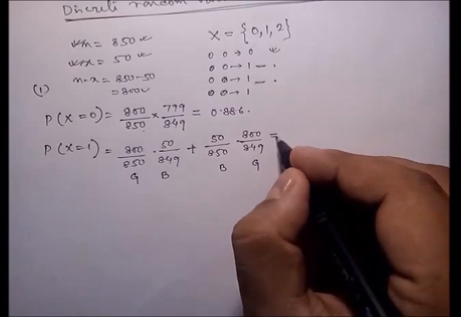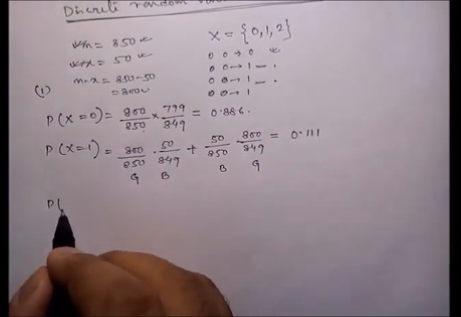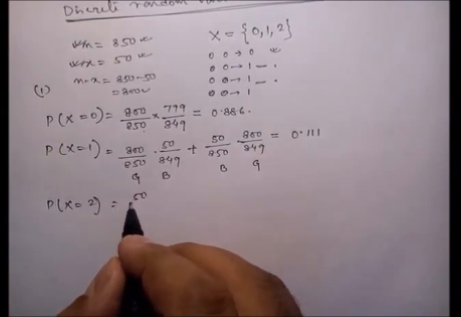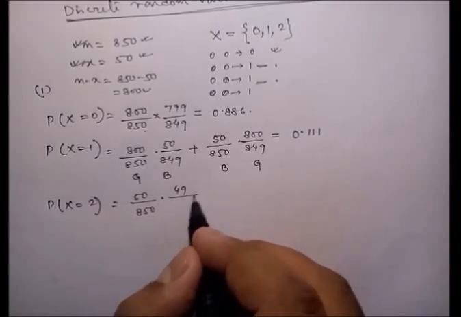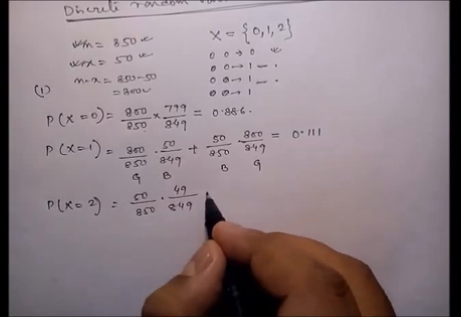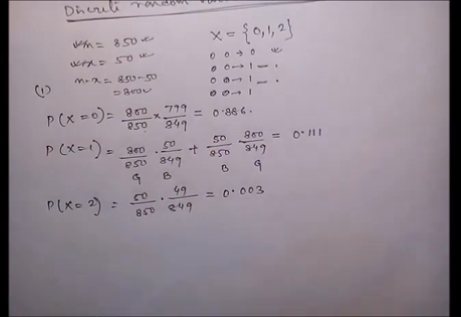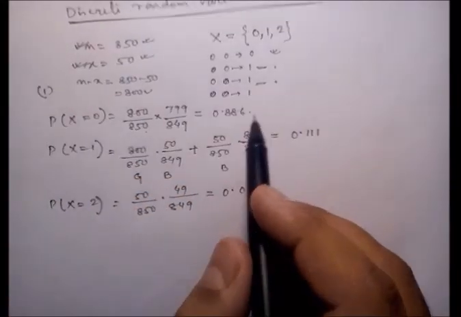So the answer is 0.111. If both are bad, not conforming, then 50 by 850 into 49 by 849, and the answer is 0.003. This is nothing but our probability mass function.